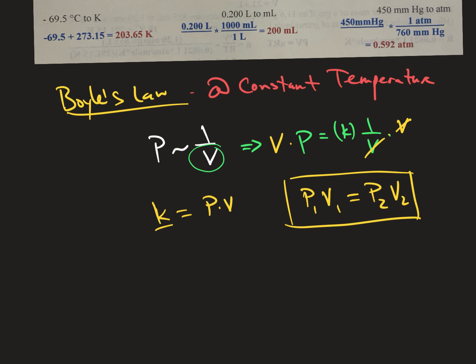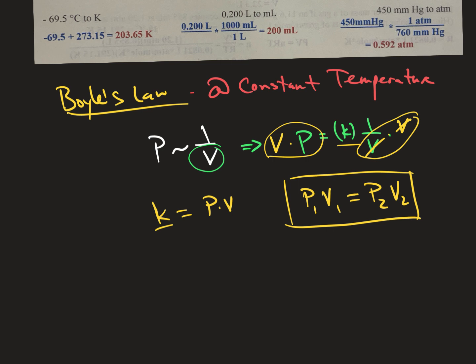Is it P and V, or P squared? It's P multiplied by V, because we multiplied both sides by volume. That's equal to our constant, so it stays the same. If we change our pressure, our volume has to change to continue to be the same number.